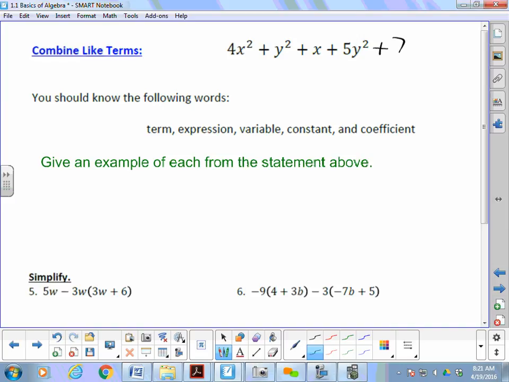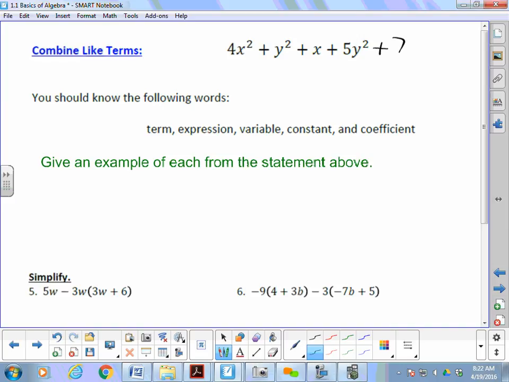There are 1, 2, 3, 4, 5. Every time there's a plus sign or a minus sign, they separate terms. So all the terms: 4x squared is a term, y squared is a term, x is a term, 5y squared is a term, and 7 is a term. Anything separated by a plus or minus sign is a term.